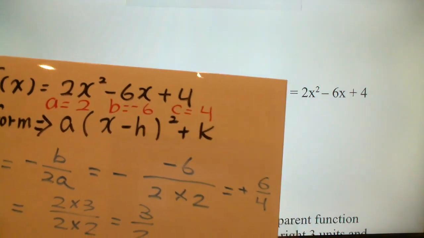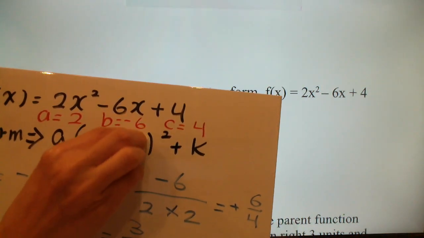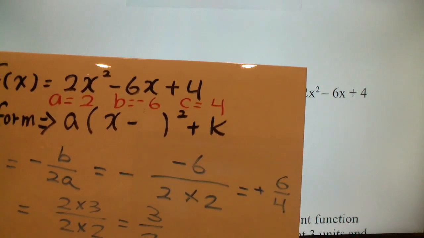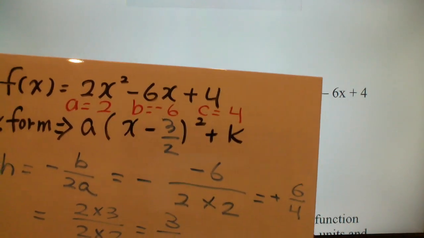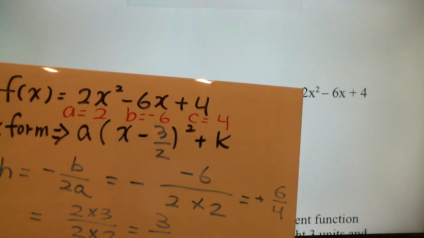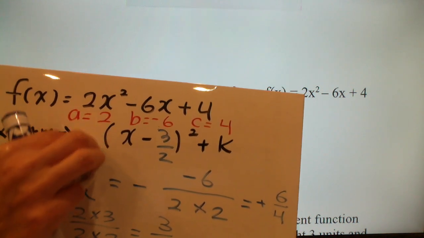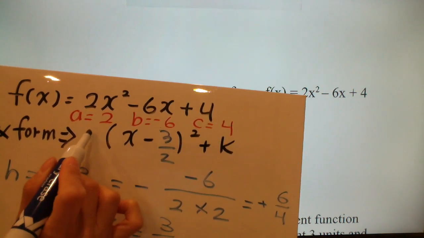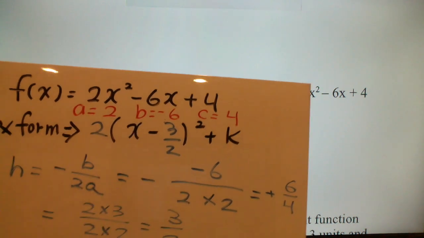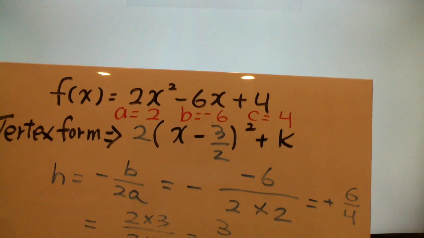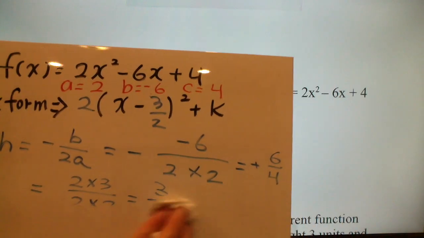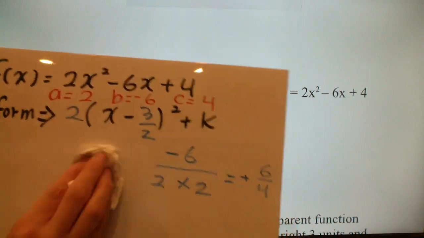So I will change this right here to 3 over 2. And we know a, right? It says right here, 2. Yes. And then now we just need to find k. How do we find k? Anybody remember?